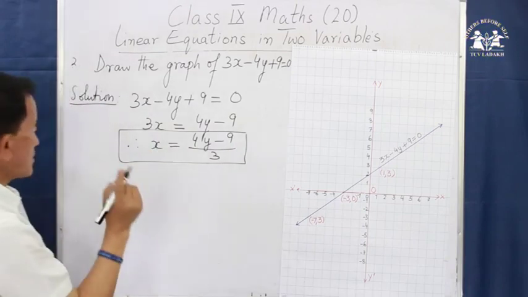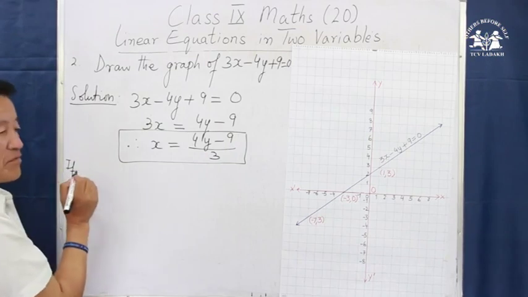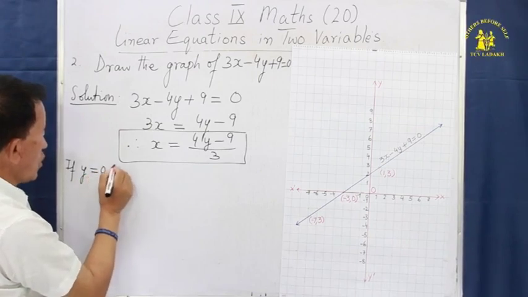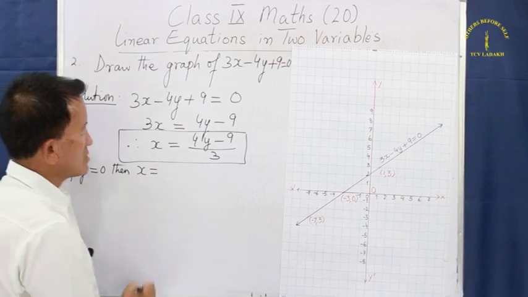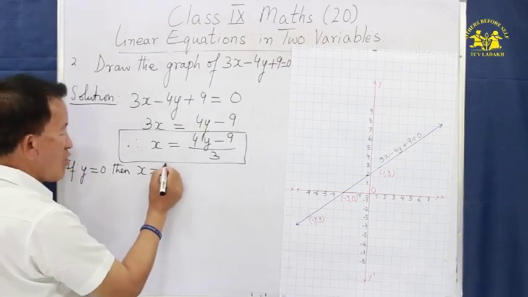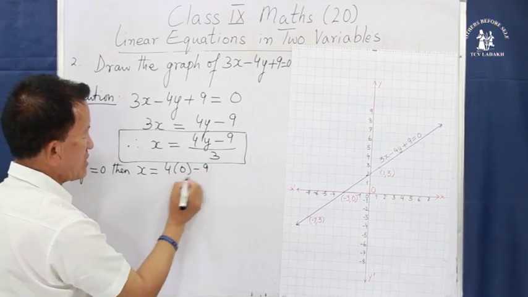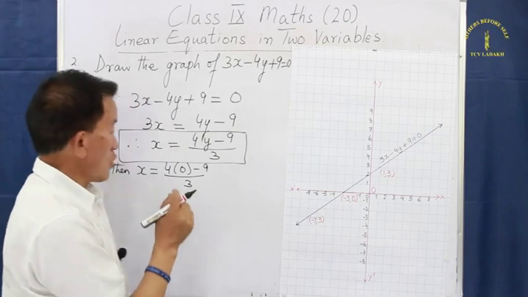So first, let's take y is equal to 0. Then what will be the value of x? 4 into y, 4 zeros are 0, minus 9 upon 3.